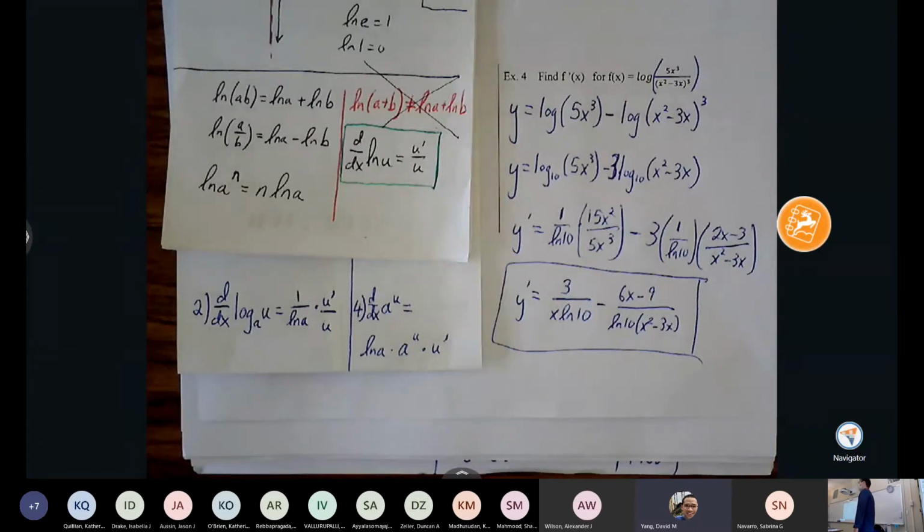Okay, any questions here? So let's look at exponential functions that are not base e on the next page.